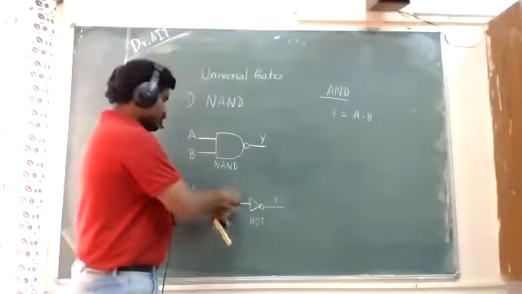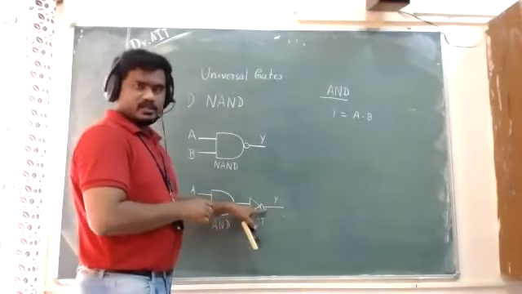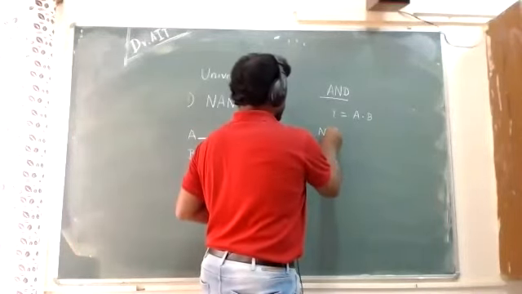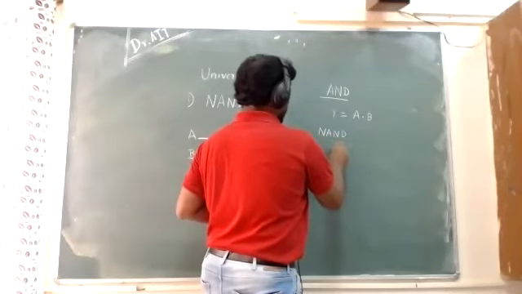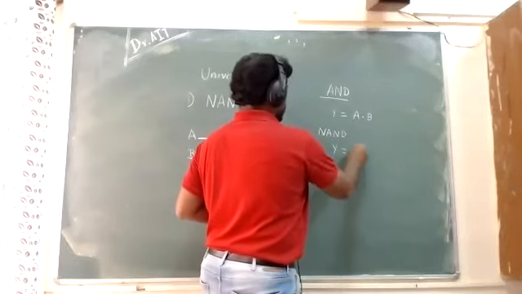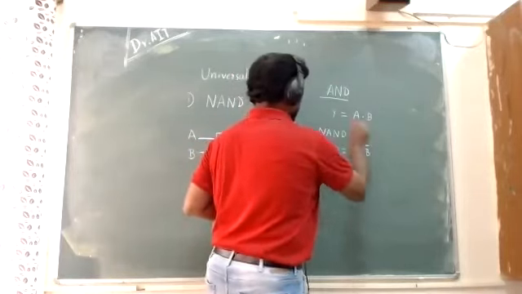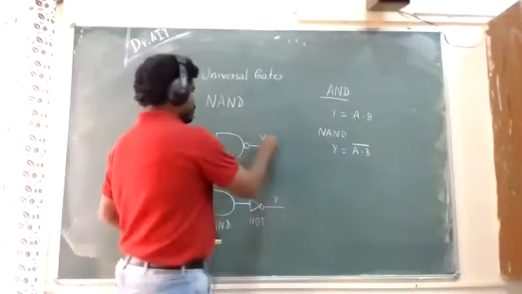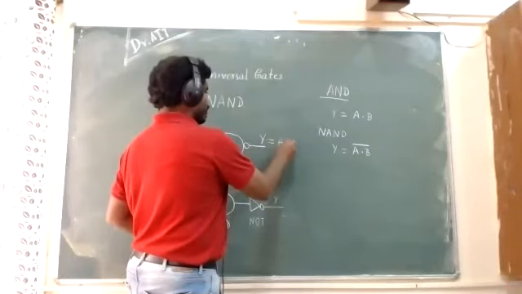And here we will get A dot B. Now what is the output of this? The output of the NAND gate is Y is equal to A dot B whole bar.